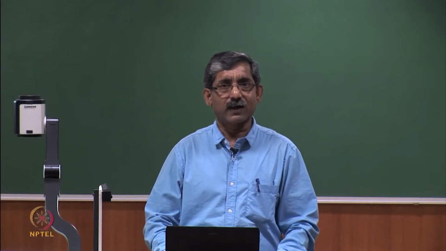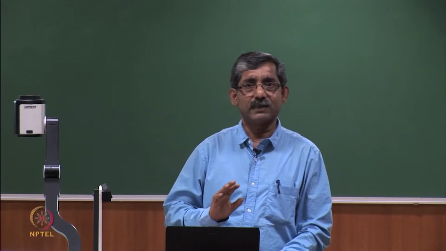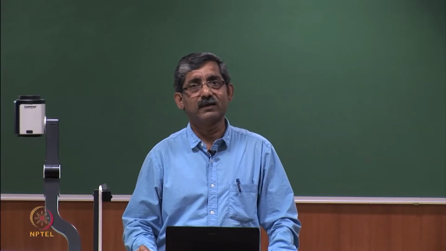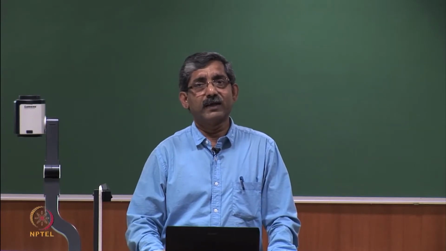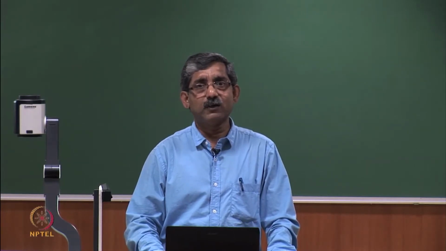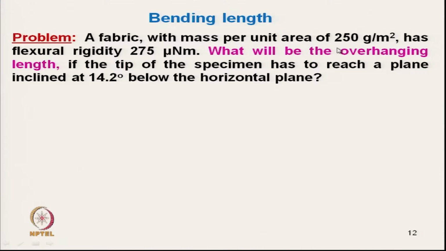Now, another problem which is exactly similar to that: a fabric with mass per unit area of 250 gram per square meter has flexural rigidity of 275 micronewton meter.